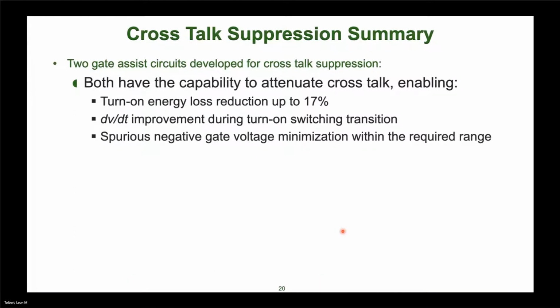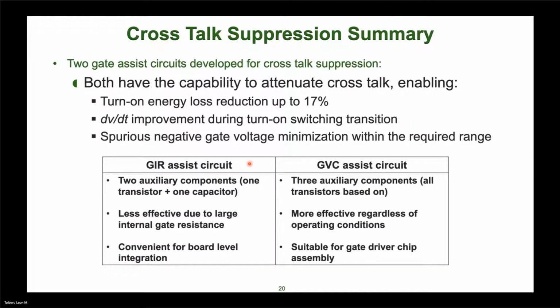So just as a quick summary, both of these circuits have the ability to attenuate crosstalk, reduce our energy loss up to about 17%, improve our switching time, and not have that spurious negative gate voltage.